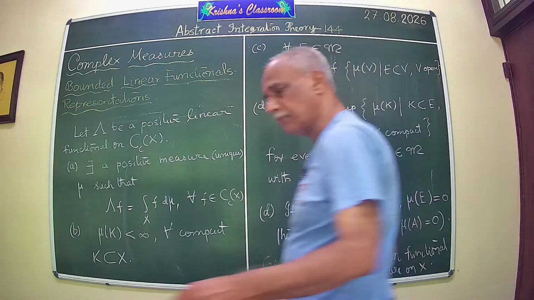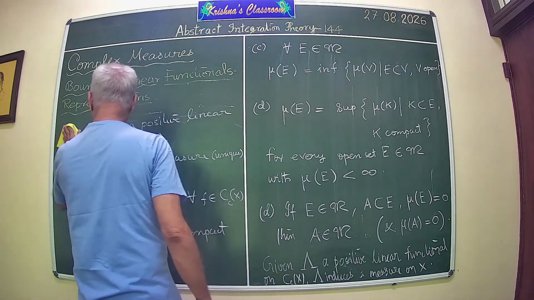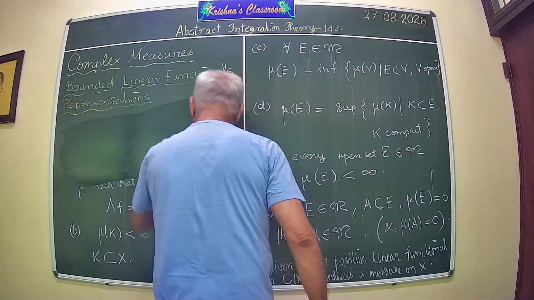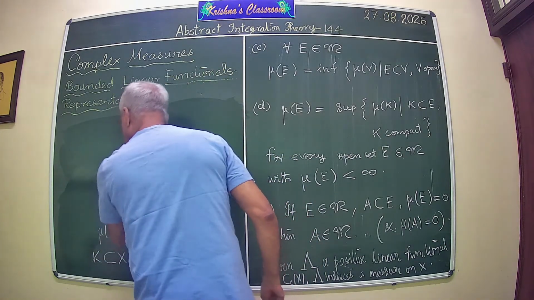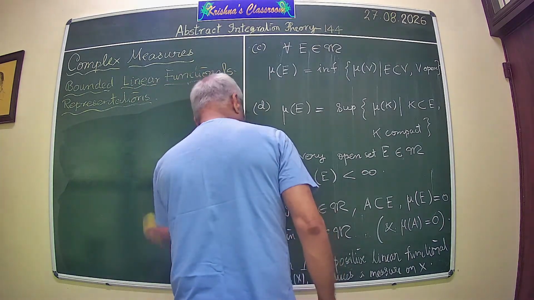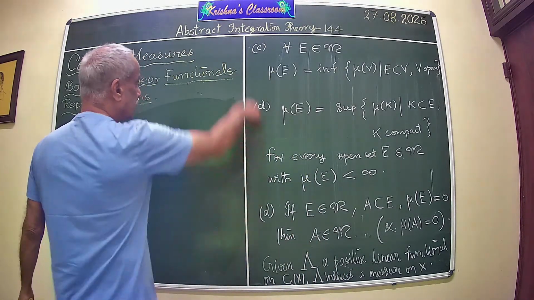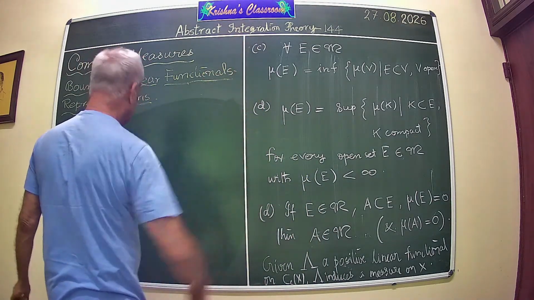In other words, what we have is this. There is a sigma algebra M that you have, which is governed by these rules.